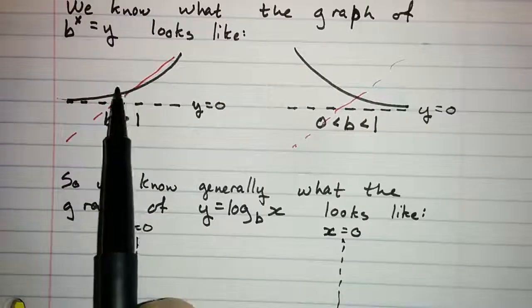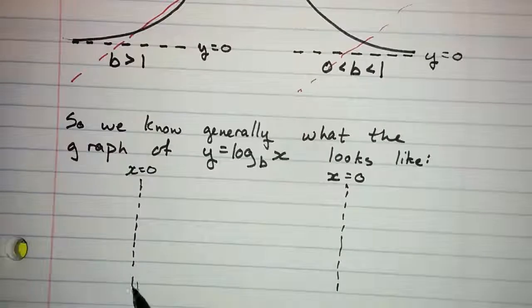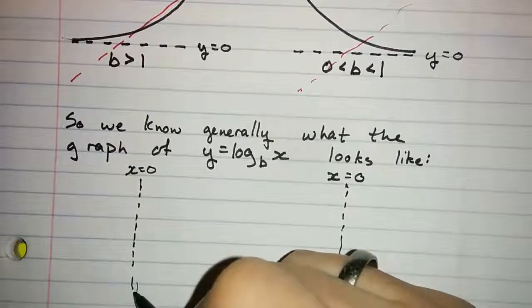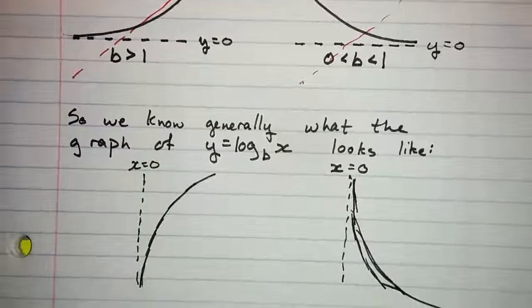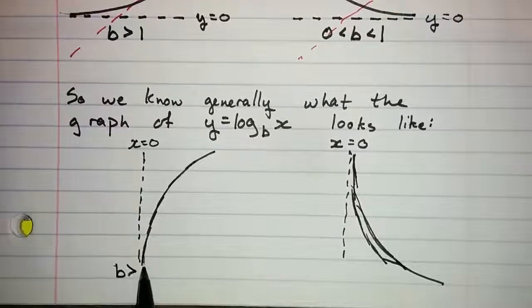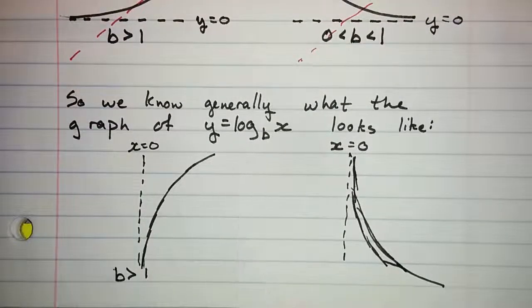When we reflect it, these points over here become points down here. These points over here become points up here. So, very roughly, if b is greater than 1, the graph of log b looks something like this. If b is between 0 and 1, the graph of log b looks something like this.